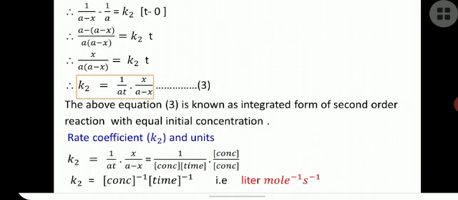The ratio of concentration terms gets cancelled. Therefore, k2 is equal to concentration inverse into time inverse. If we express concentration in moles per liter and time in second, then the unit of rate coefficient k2 is liter per mole per second.